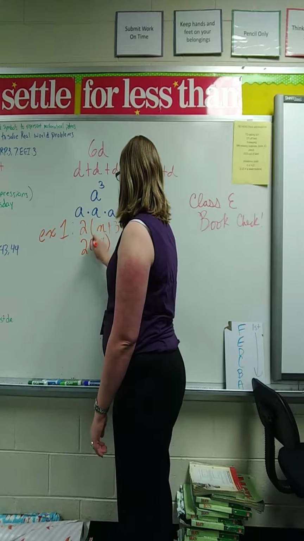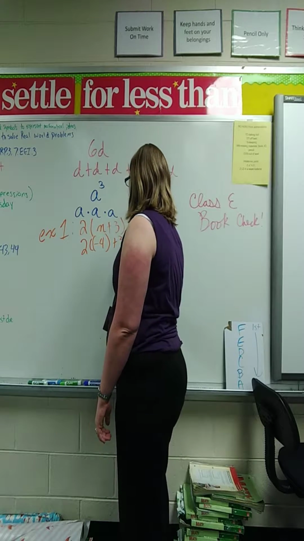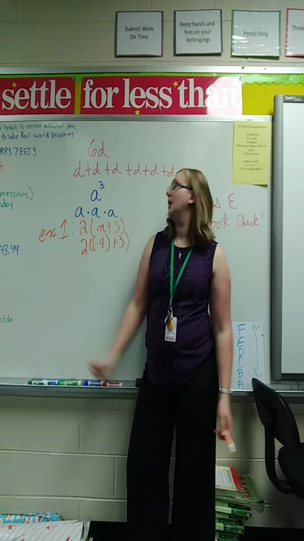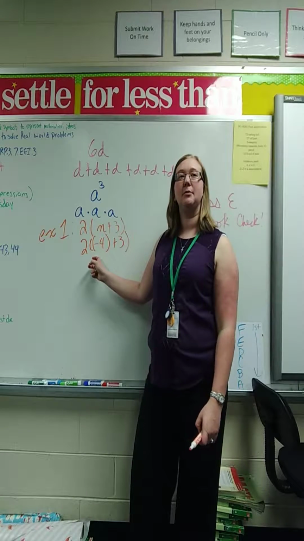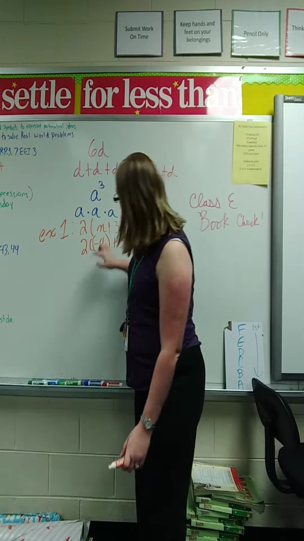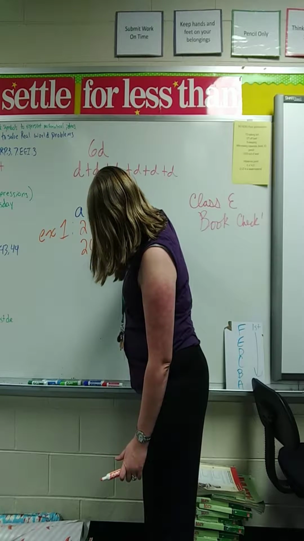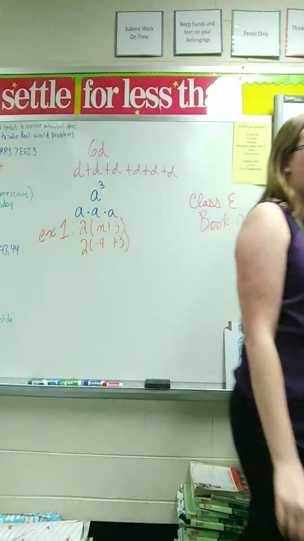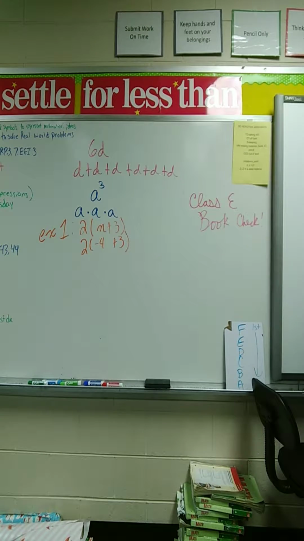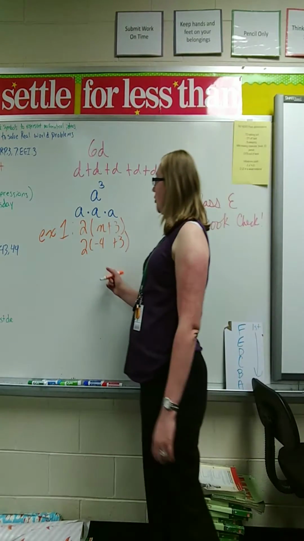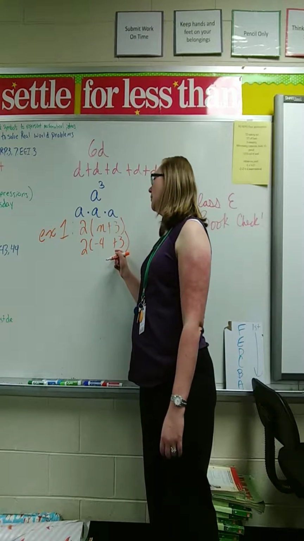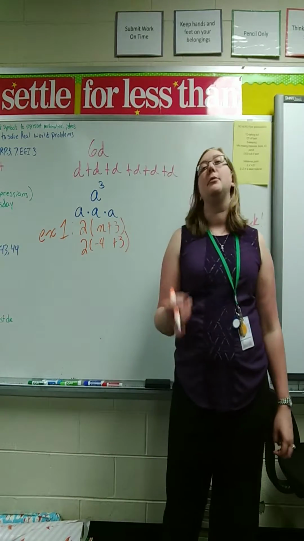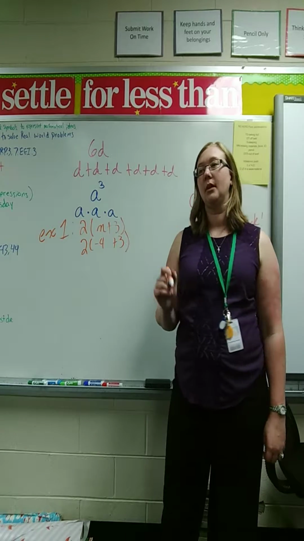Do I need this set of parentheses inside the parentheses? No. So I'm going to erase those parentheses. Could I keep them? Sure, but I don't need them. Then I'm going to add negative 4 plus 3. What is negative 4 plus 3? Negative 1.